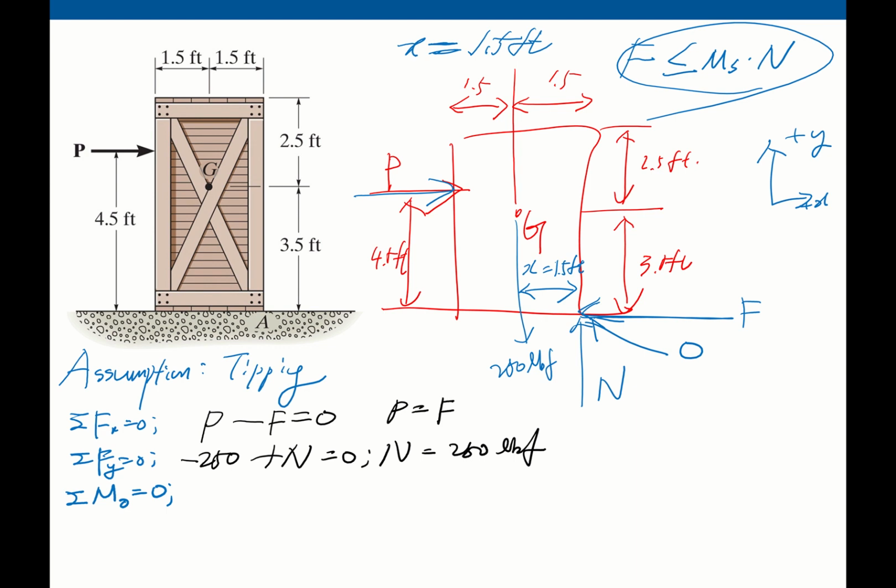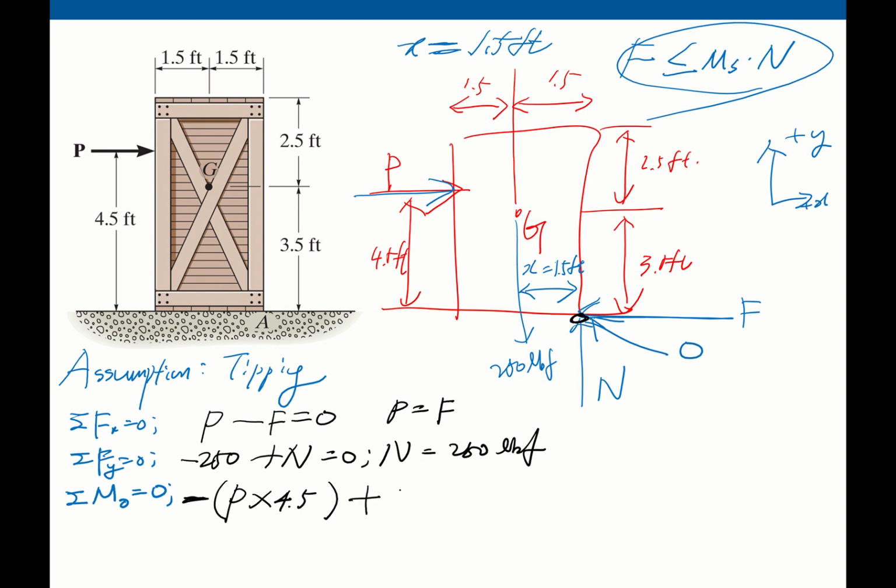Then we can calculate the moment, which is pushing force times 4.5 feet. This pushing force creates clockwise rotation about point O, so the sign is minus, and the other one is weight.